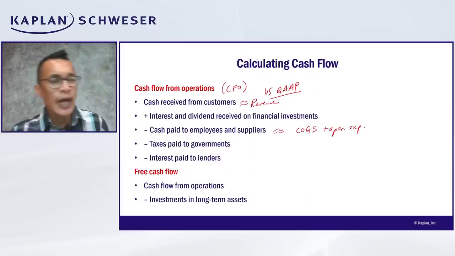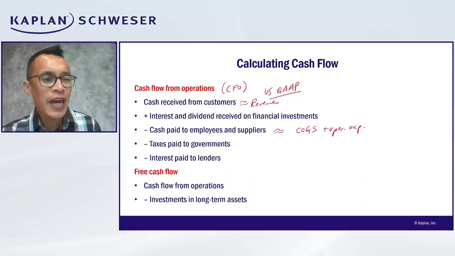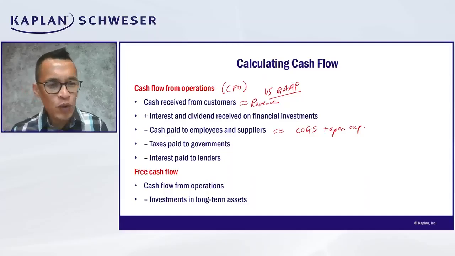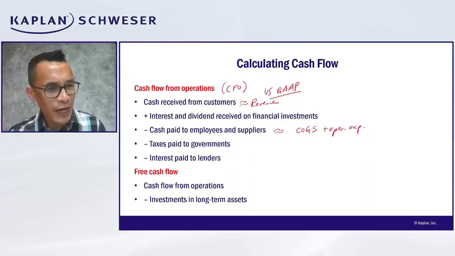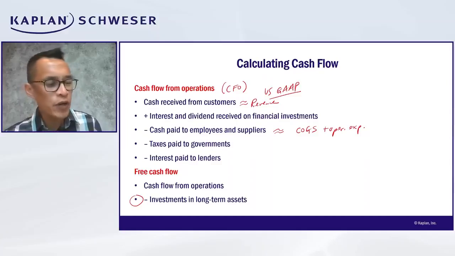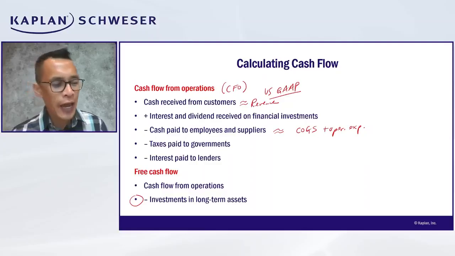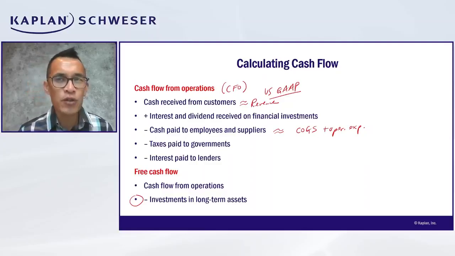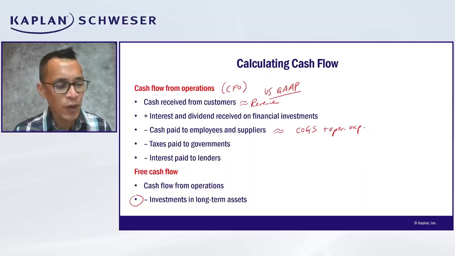Okay? To calculate free cash flow, you have to look at the cash flow statement to find out what the investment in long-term assets is. Okay? In other words, what annual cash flow needs to be maintained and possibly used to expand the capital asset base.